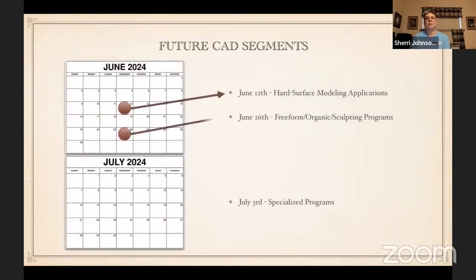That kind of brings me to the end of what is CAD, because we're just doing a highlight tonight. Our next one, next weekend, we're going to discuss hard surface modeling: what it is, the different types of hard surface modeling, and the different software applications that you would use to do that type of work.